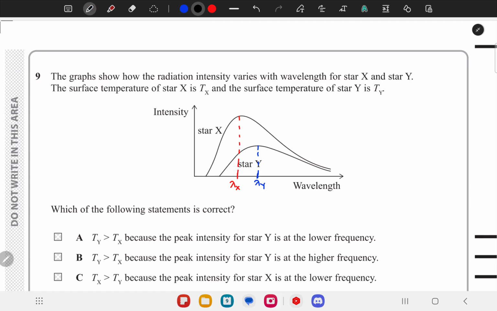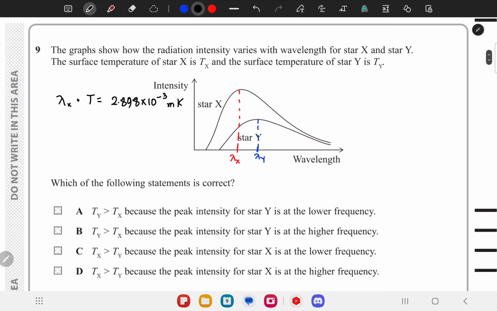We know that the peak wavelength multiplied by the temperature is constant, or Wien's constant over here, 2.898 times 10 to the power minus 3 meter Kelvin.